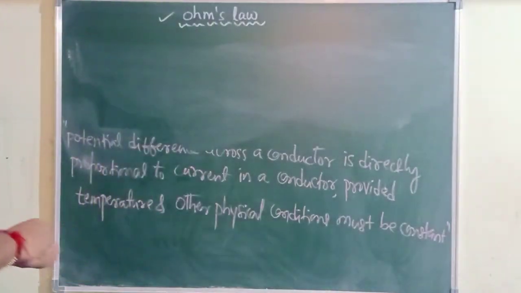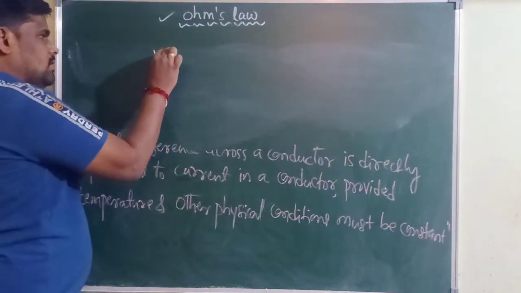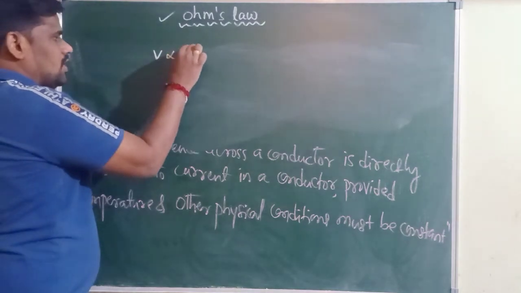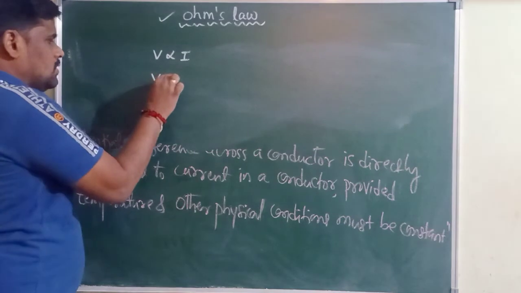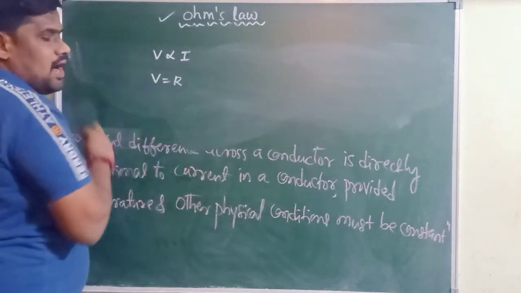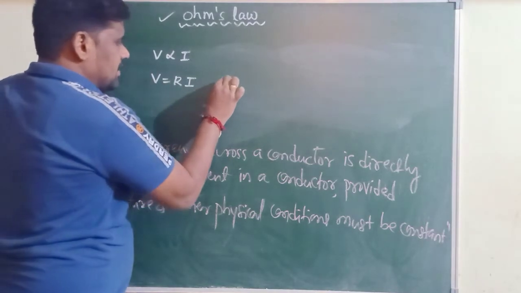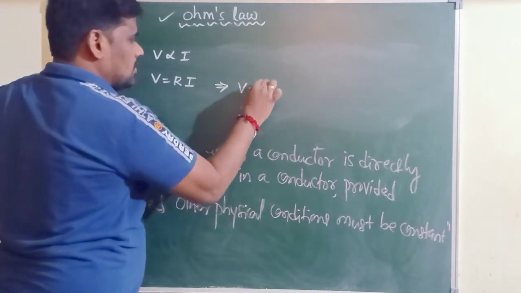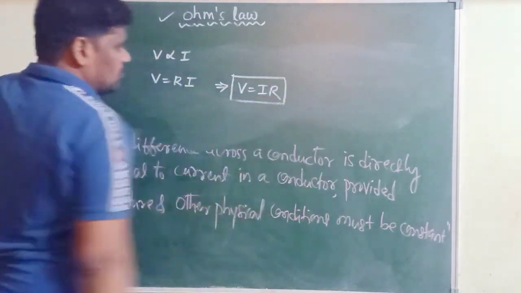So according to the statement, what can I write? Potential difference V is directly proportional to what? I. V is equal to some constant R into I, or in general I can write V equals IR. This is the mathematical form of Ohm's law.